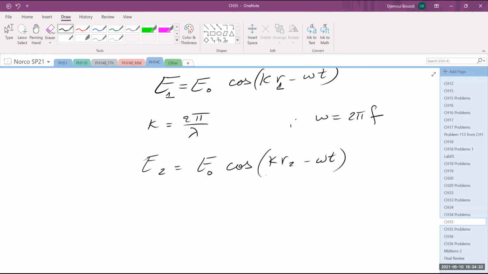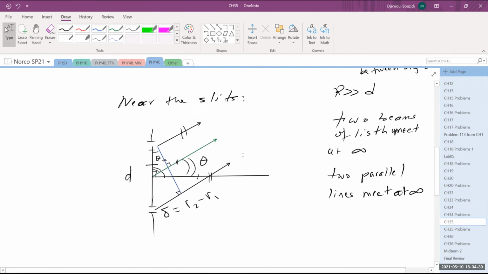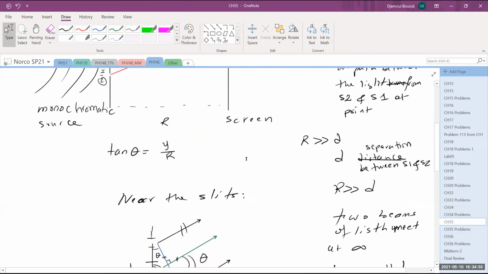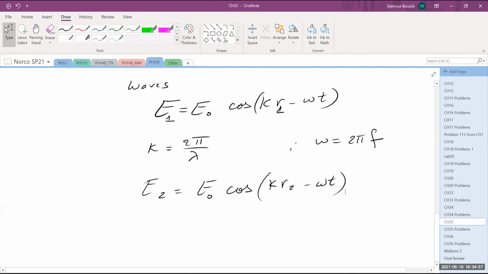One of them traveled longer than the other. Obviously, if I'm looking at the central point, if P is at 0, the origin, both of them travel the same distance by symmetry, so in this case r1 is equal to r2. But I'm taking the most general case: a point P on the screen that is not necessarily in the center. Any point on the screen here would do.